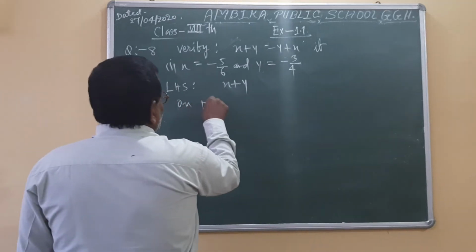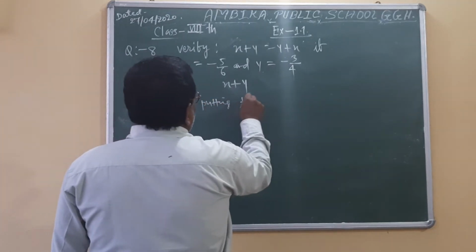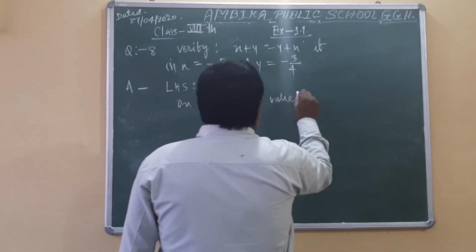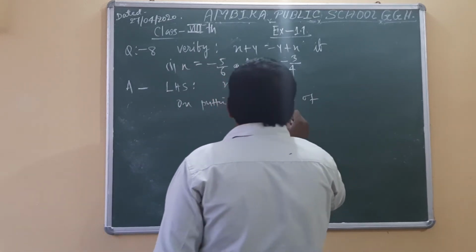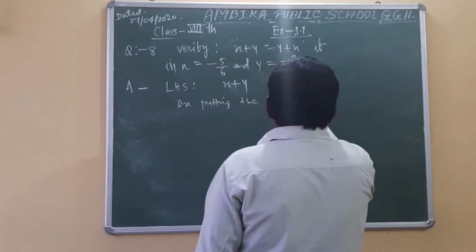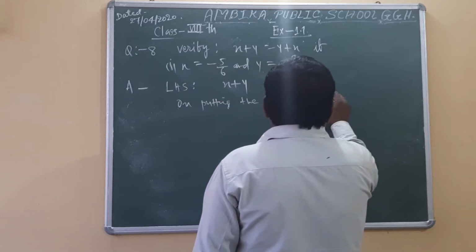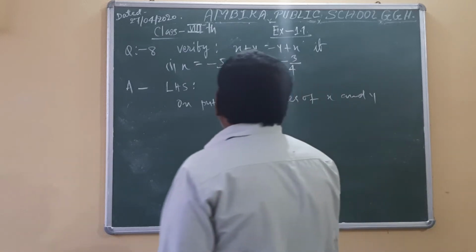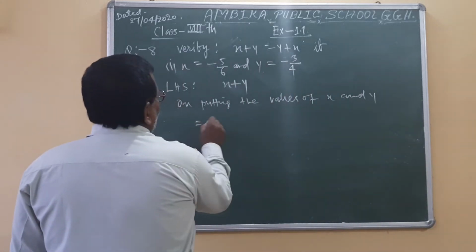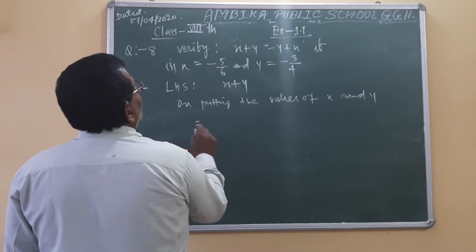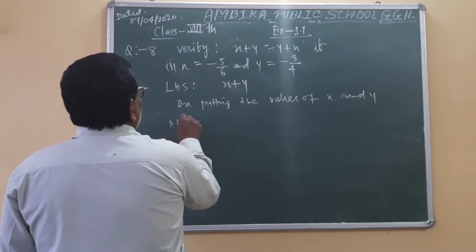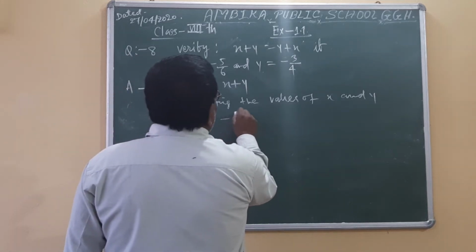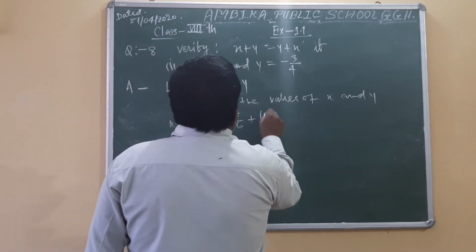On putting the values of x and y in LHS, we get x plus y is equal to minus 5 by 6 plus minus 3 by 4.